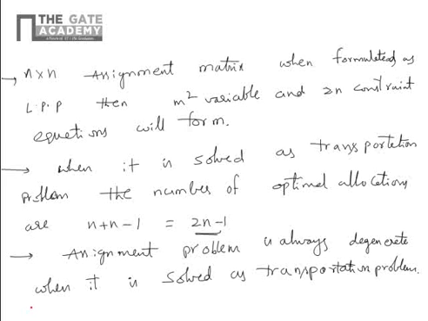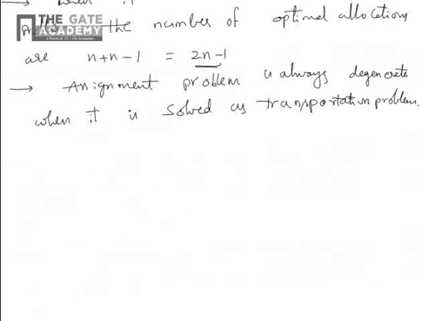The method used for assignment problem is the Hungarian method. Before going to the method, we need to discuss the steps of how to solve the problem. So first, set up the square matrix.